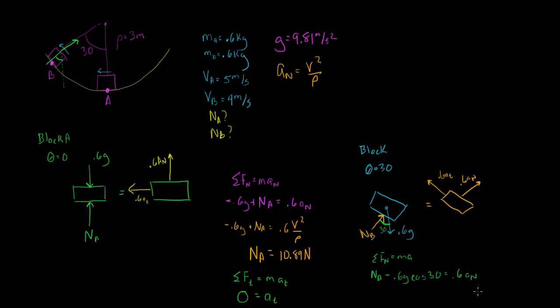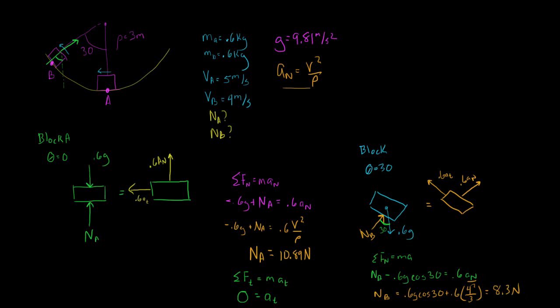Again, acceleration in the normal direction can be replaced by this equation, so we have N_B is equal to 0.6g cosine of 30 plus 0.6 times the velocity squared, and our velocity of B is 4, so 4 squared over rho, our radius of curvature, which is 3.